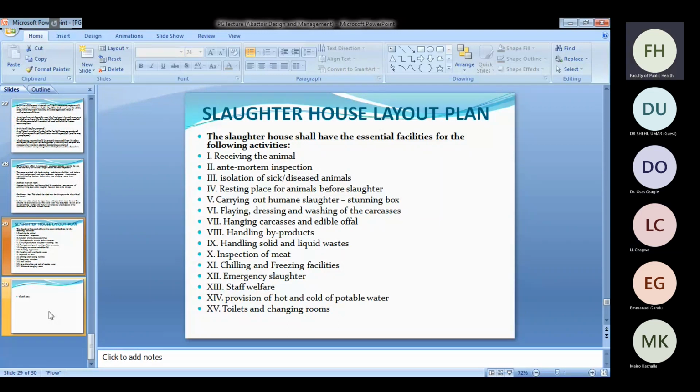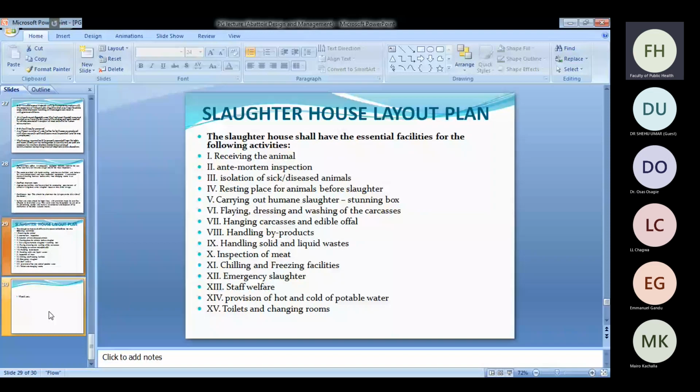Handling of byproducts, in the slaughter hall. Handling of solid and liquid waste, still in the slaughter hall?